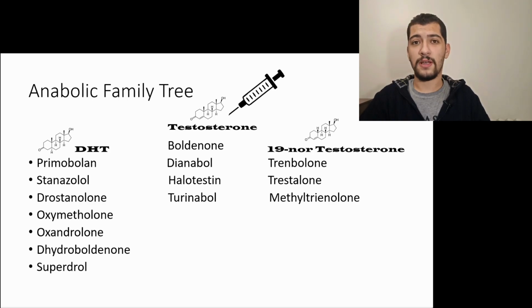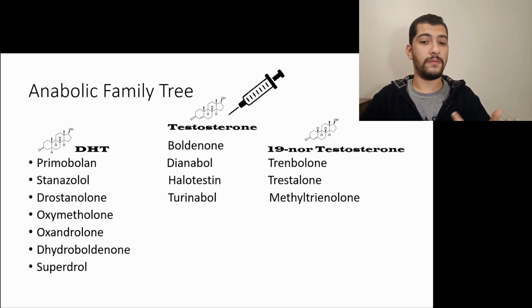Testosterone is the mother of the whole anabolic family tree, and the DHT and the 19-nortestosterone families originated from testosterone itself. As you know, DHT is the 5-alpha reduced form of testosterone, and 19-nortestosterone is testosterone without the carbon on the 19th position.